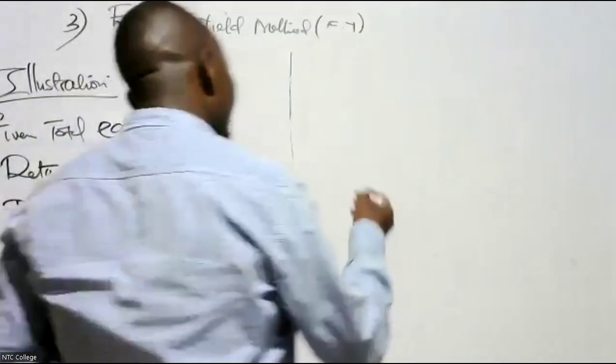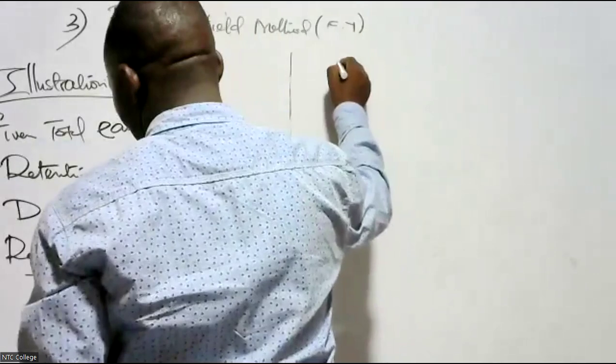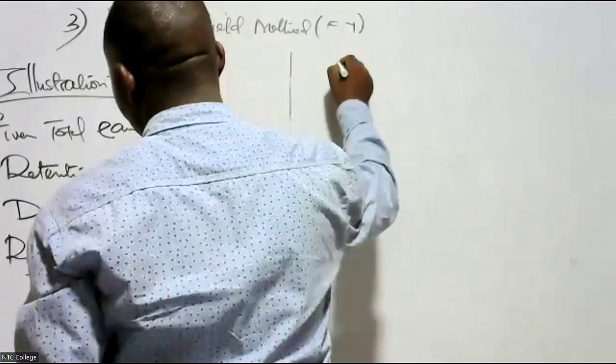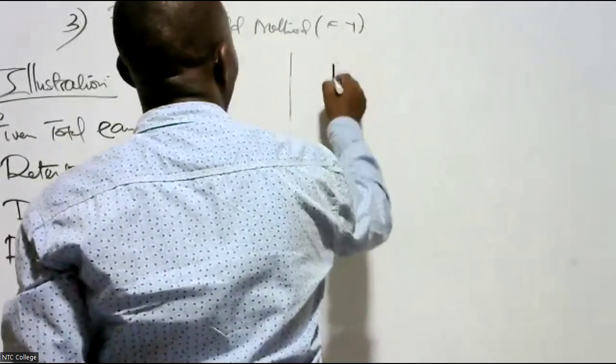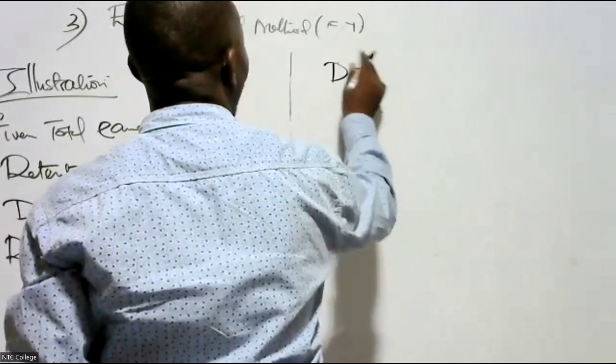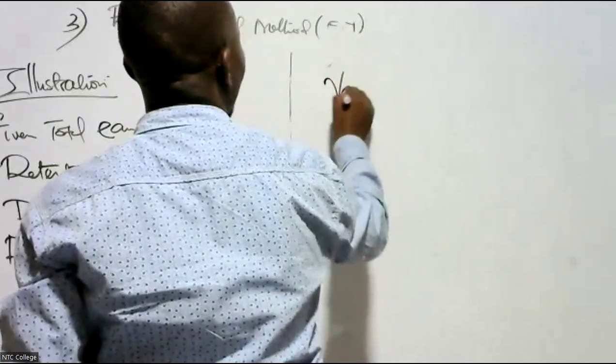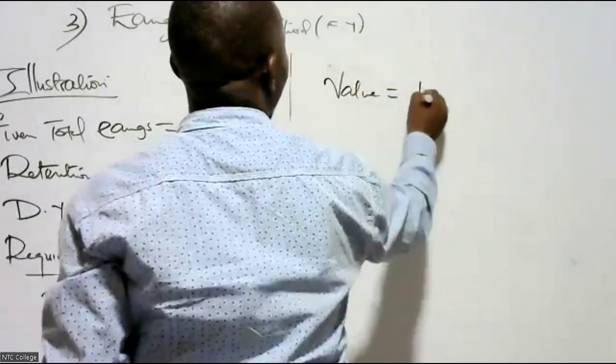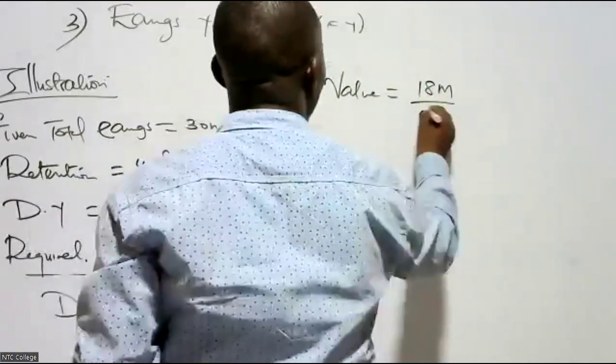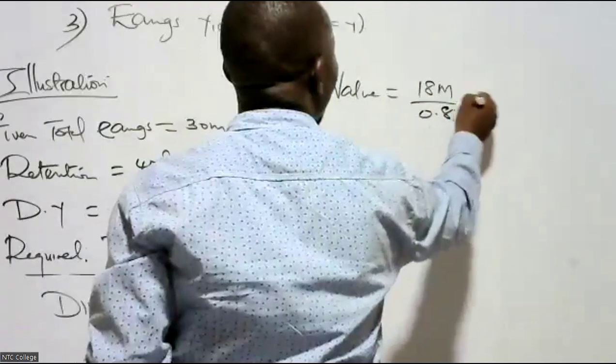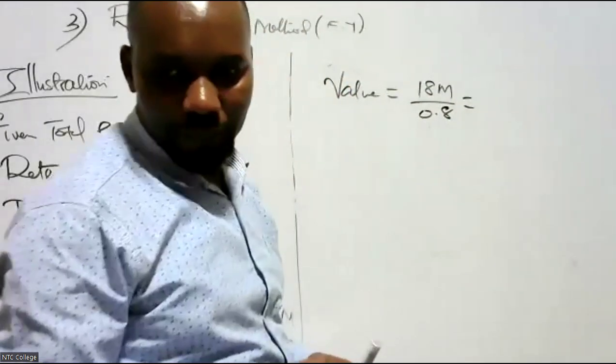So therefore, we have our DY, our value is equal to 18M all over 0.8. What are you getting?